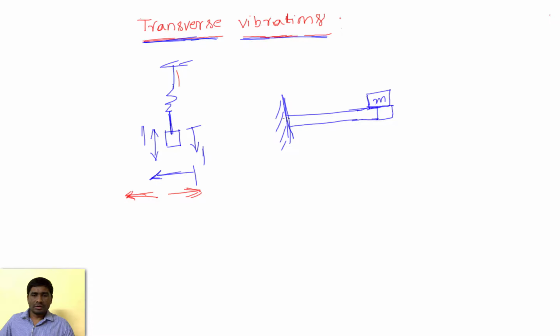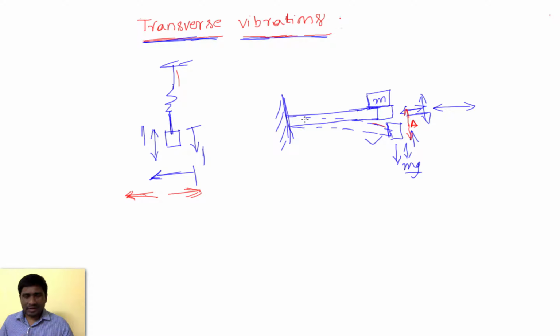At the equilibrium position, this mg is acting in this direction, and it is deflected by delta. In the beginning itself, I mentioned that the vibrating bodies have some elasticity.